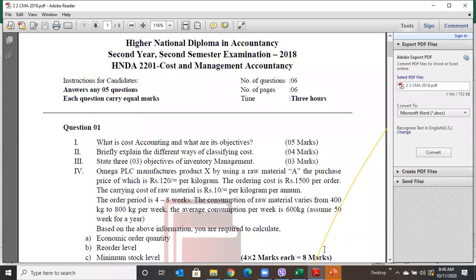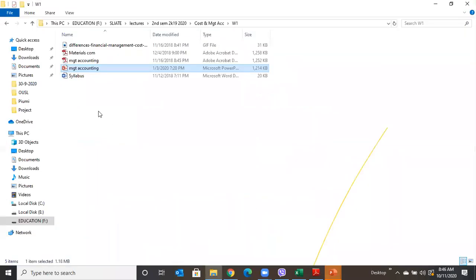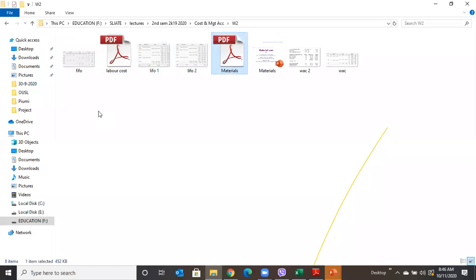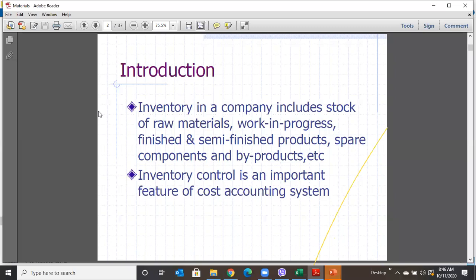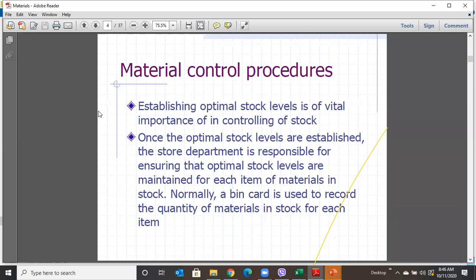Then what are the objectives of inventory management? We discussed this in material costing. When it comes to inventory, we can see 3 types: raw materials, work in progress, and semi-finished products, spare parts, mainly 3.